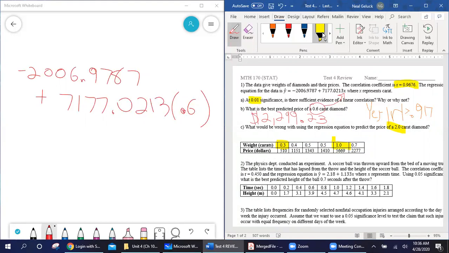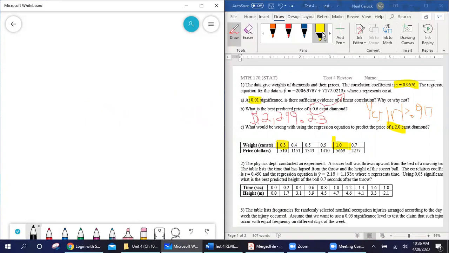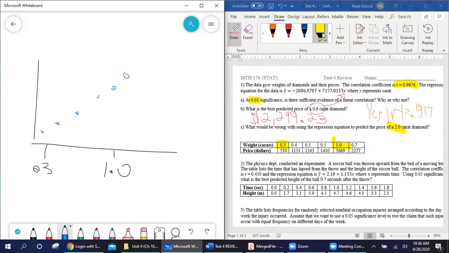So if you think about what the graph would look like, I'd have 0.3, I'd have 1.0, and apparently this goes pretty close to a straight line. I don't know what happens though all the way out at 2 carats. I don't know if that linear equation holds.